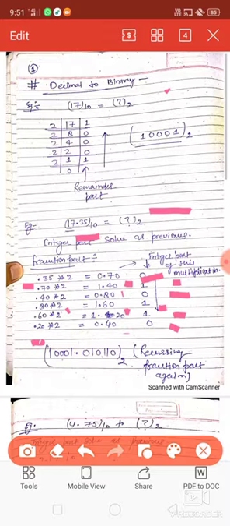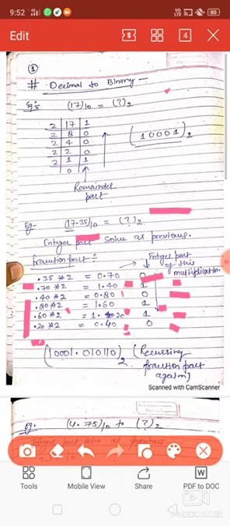We multiplied 0.40 by 2, and here again we have 0.40, and when we multiply it by 2, we will repeat this cycle again. That means again 0.80 multiplied by 2, again 0.60 multiplied by 2. So we will stop here, because if we do further multiplication we will get the same result again and again.